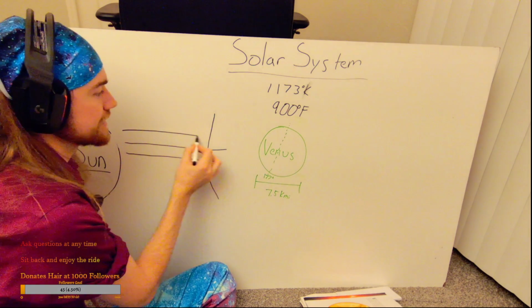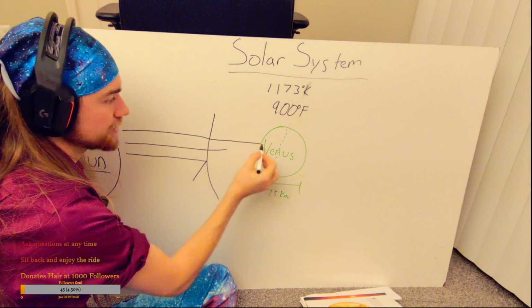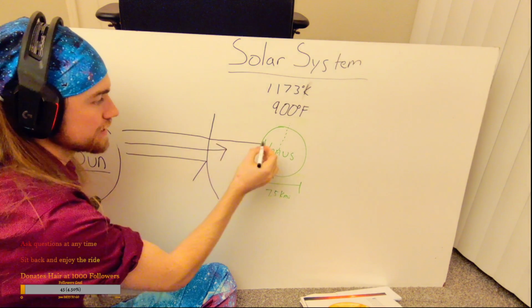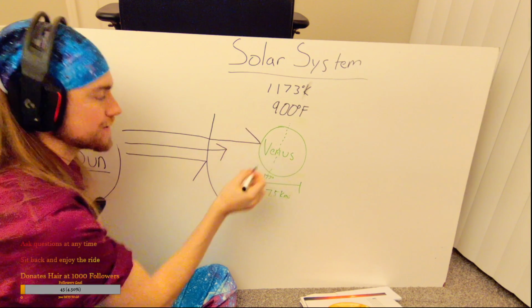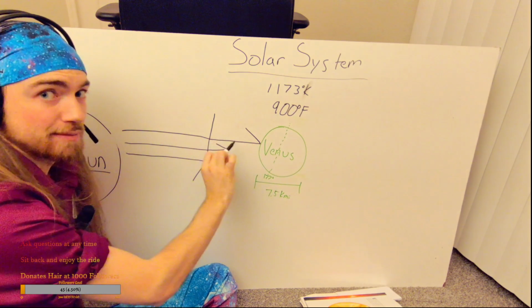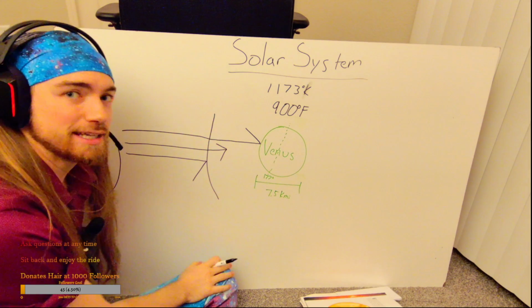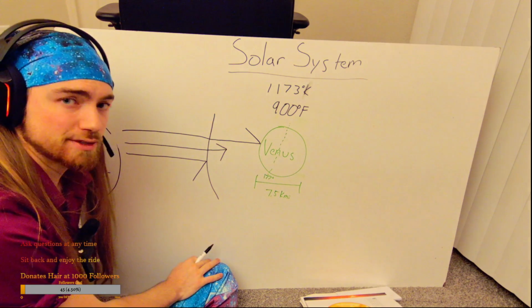But there's all kinds that will make it all the way down to the surface. Some will get bounced around inside the clouds, and some will make it onto the surface. And when that energy makes it all the way down to the ground, it will heat up whatever rocks are on the surface.